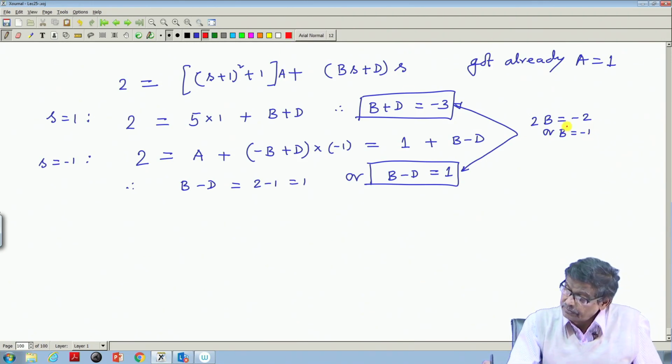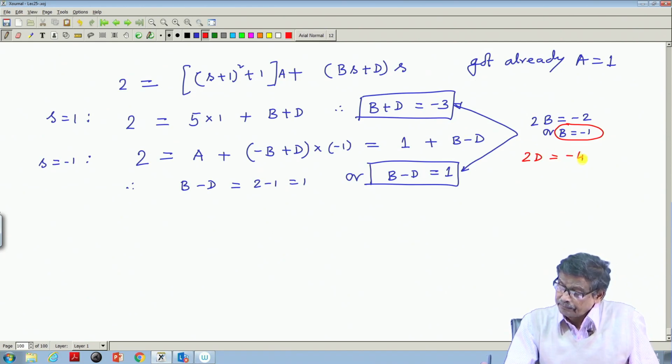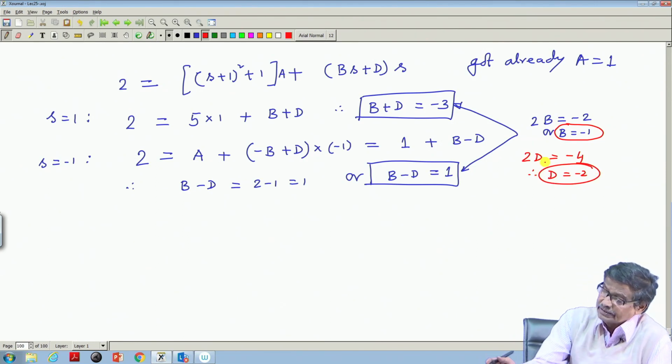Once you got B, anyway subtract these two, you will get 2D, this minus this, 2D is equal to minus 4, minus 3 minus 1. Therefore, D is equal to minus 2. Hopefully, it is correct. Let us see. So all constants I have got now.